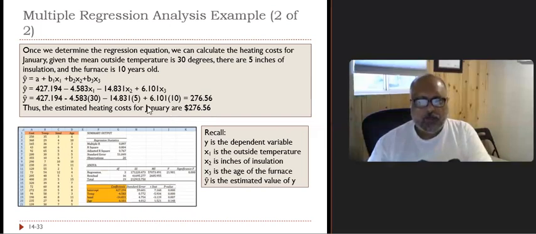We can use those values in our equation here, and it gives us $276.56. So basically, the estimated cost of heating in January is $276.56, because here we are considering multiple factors that can affect the cost of heating.